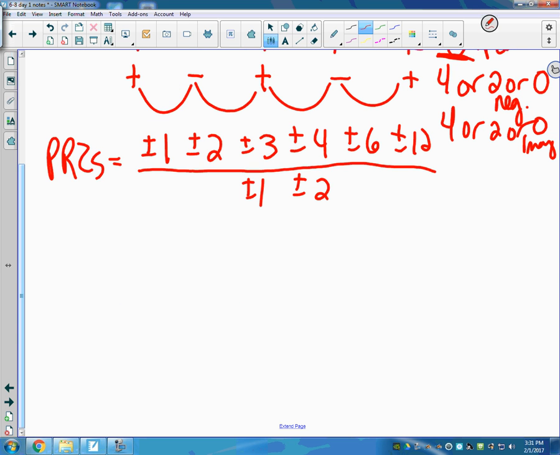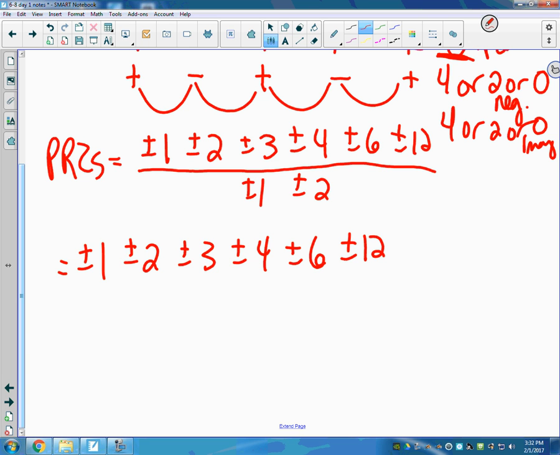So if I list all those out, everything over 1, so that's all the whole numbers, plus or minus 1, plus or minus 2, plus or minus 3, plus or minus 4, plus or minus 6, plus or minus 12. And then I have to put everything over 2, right? So 1 over 2 is plus or minus 1/2. 2 over 2 is 1, so I don't need to list that again.